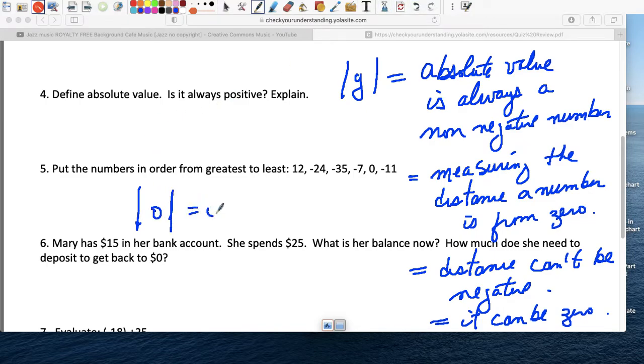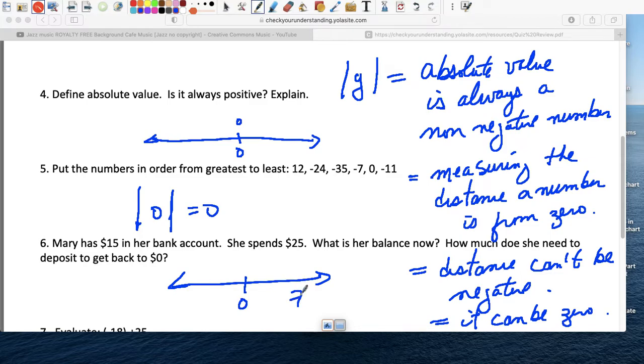Here's your number line, and then 0, and how far is 0 away from 0? It would be 0 units. What's the absolute value of 7? This distance from 7 to 0 is 7 units. So the absolute value of 7 is 7. So it's not always positive. It can be 0. Okay.